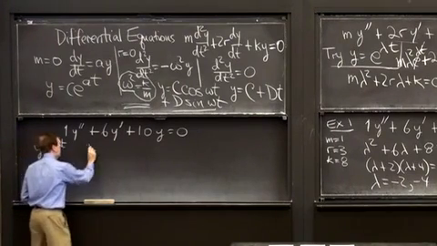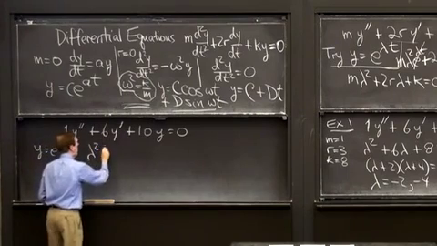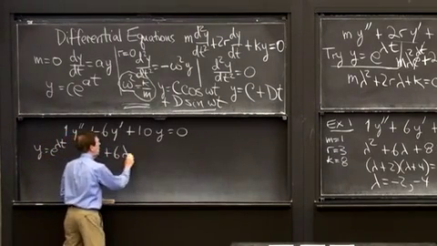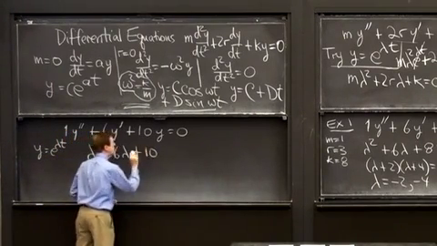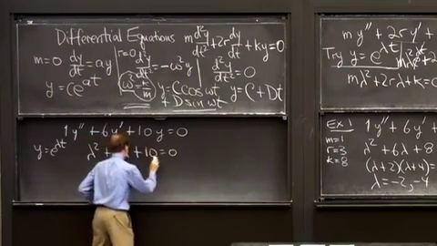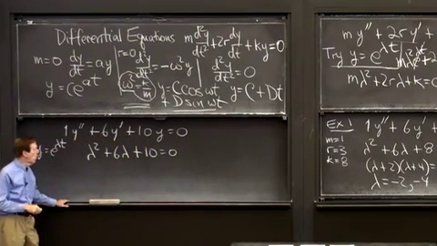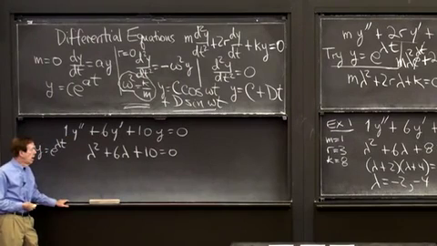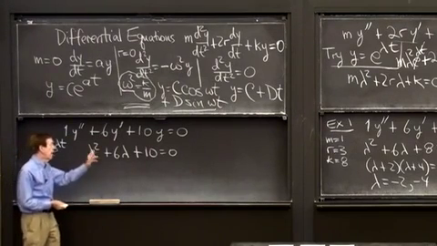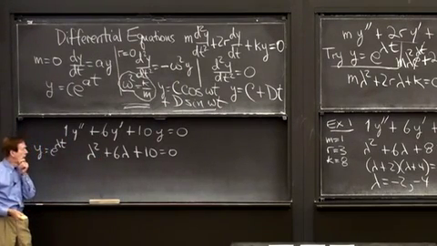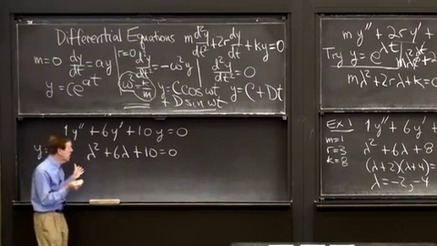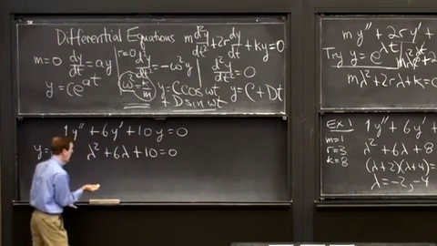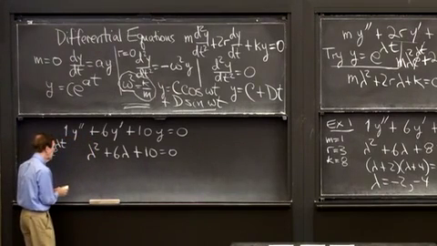Two derivatives bring down lambda squared, one derivative brings down lambda, no derivatives leaves the 10, equals 0. That's my equation for lambda. I don't know how to factor that one, and in fact, I better use the quadratic formula just to show what happens here.